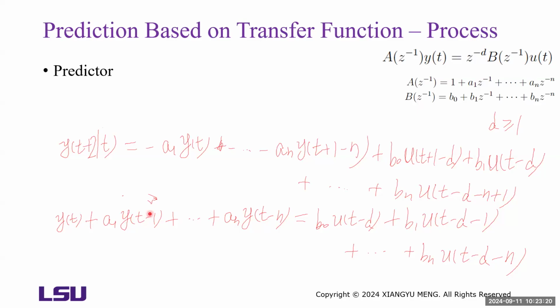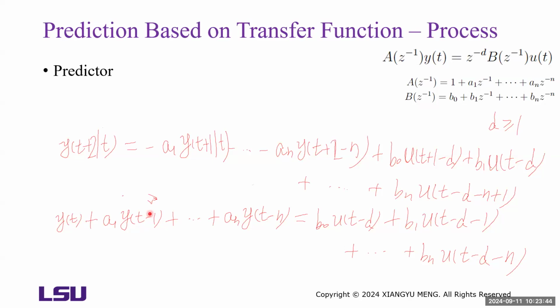So we write here y-hat(t+1) conditioned on t. Then for all the other terms, we just change 1 to 2.